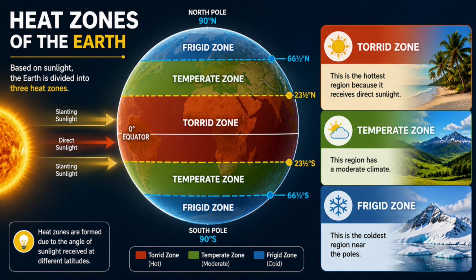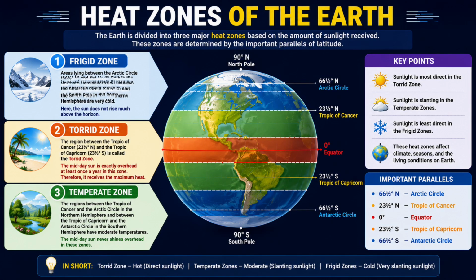The temperate zone lies beyond the Tropic of Cancer and the Tropic of Capricorn. Here, the sun rays fall slantingly. So, these regions have moderate temperatures. The frigid zones are located near the poles. These regions are extremely cold because the sun rays are very slanting.